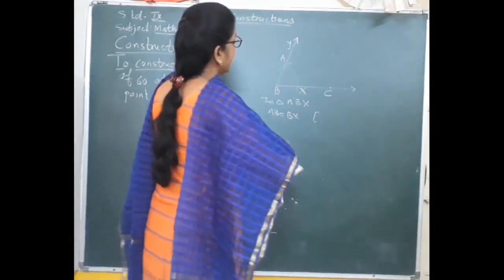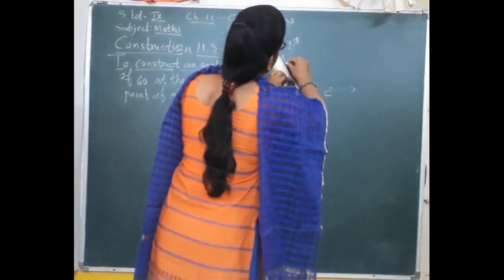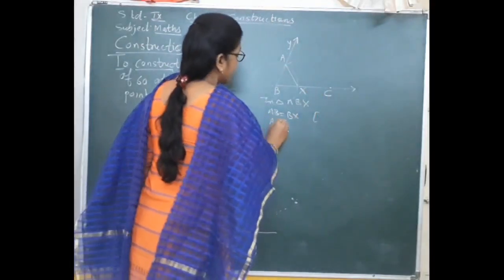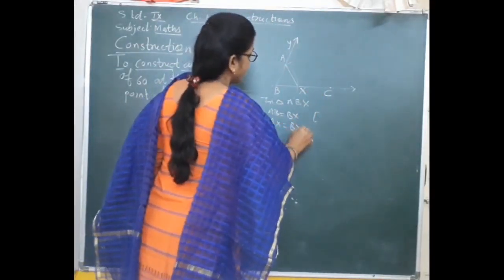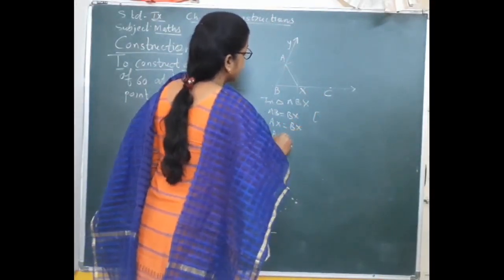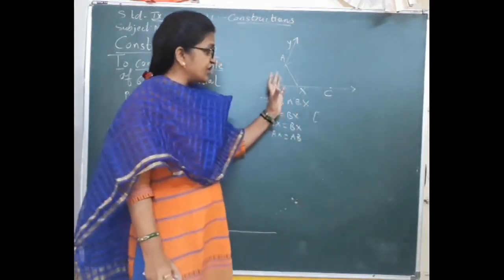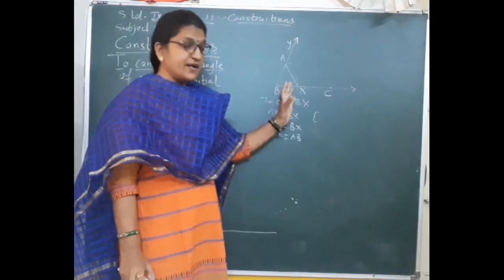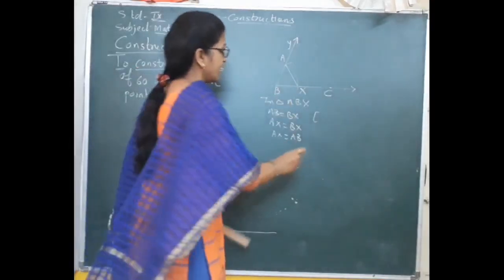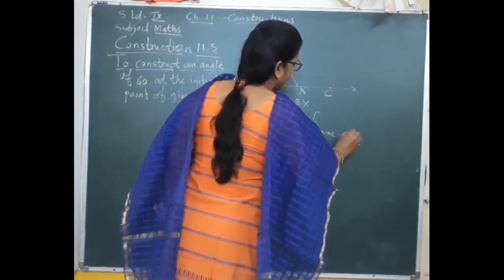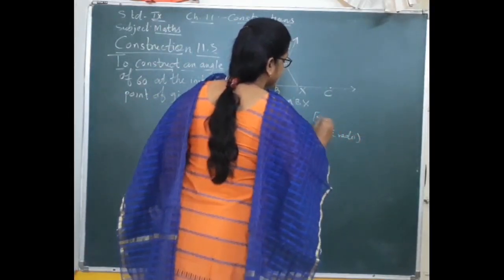Now next thing, join AX. Now AX is equal to BX. AX is equal to AB. Why this? Because we have not changed the radius. We have kept the radius same, and therefore arcs of same radius.